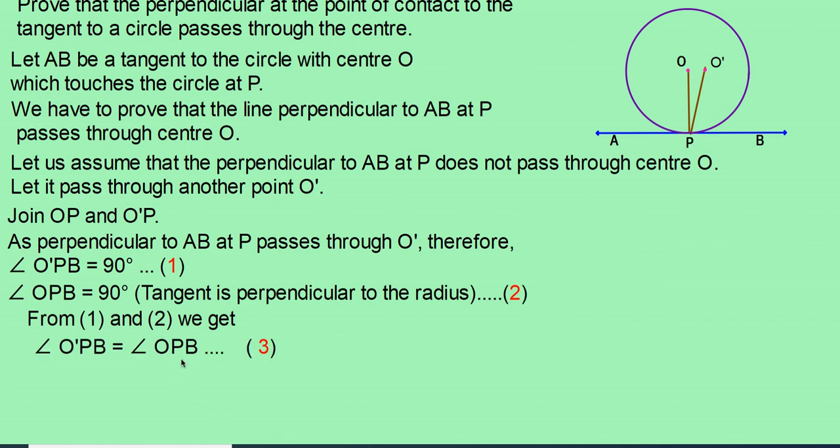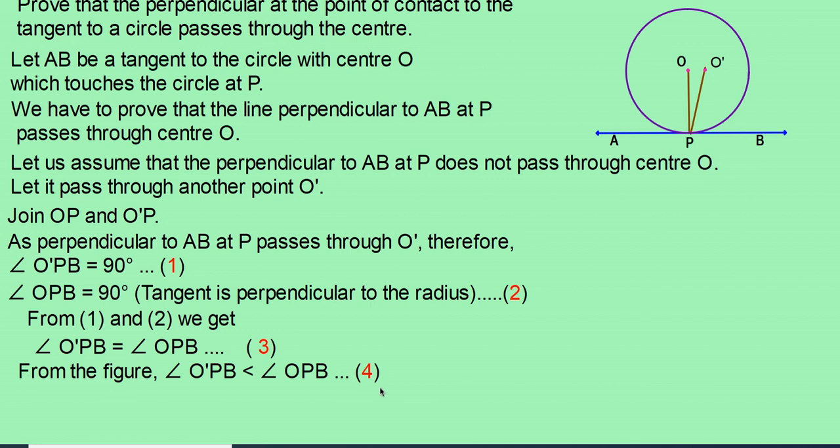Now let us look at the figure. What about angle O dash PB and OPB? O dash PB is not equal to OPB, but O dash PB is less than OPB. So we can write from the figure angle O dash PB is less than angle OPB.